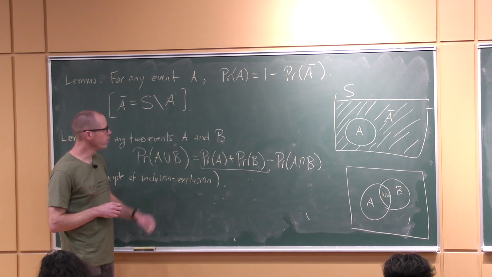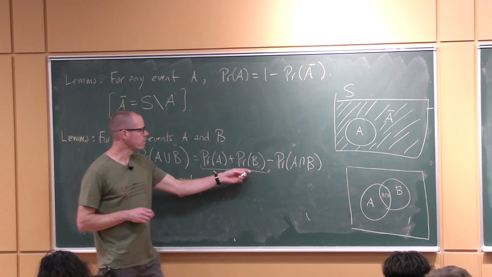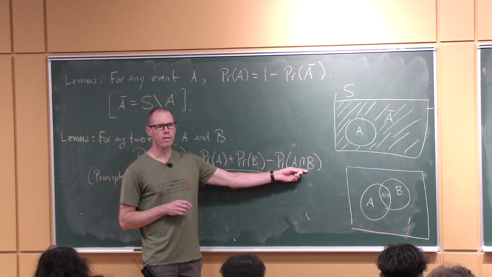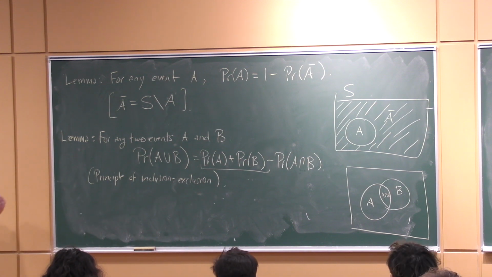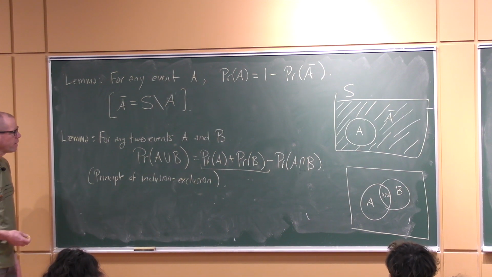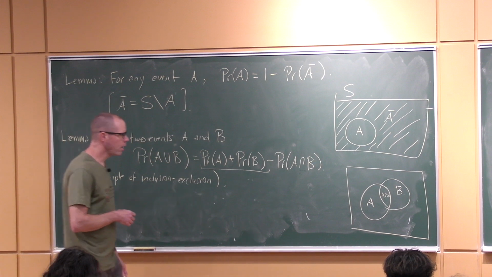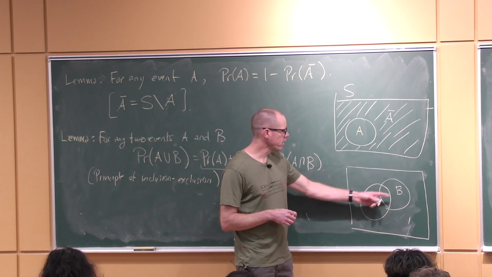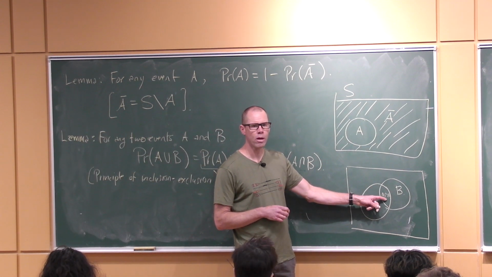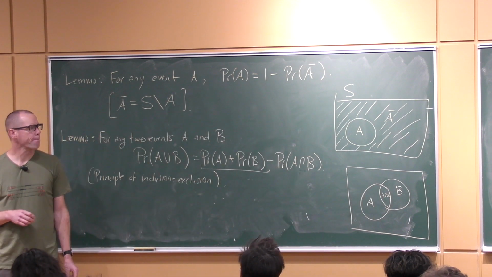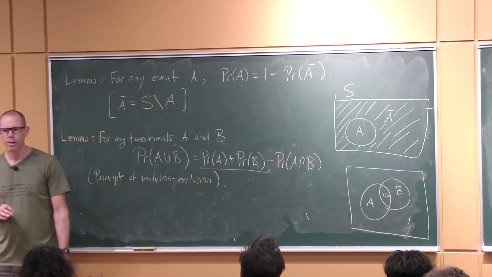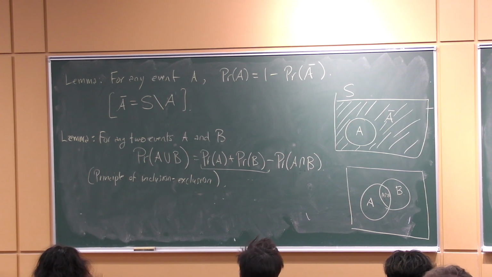The size of A union B is the size of A plus the size of B minus the size of A intersect B. And basically it's true for the same reason that the other one is true, that the size of A plus the size of B double counts the contribution of points in the common intersection. All right. So questions about that?